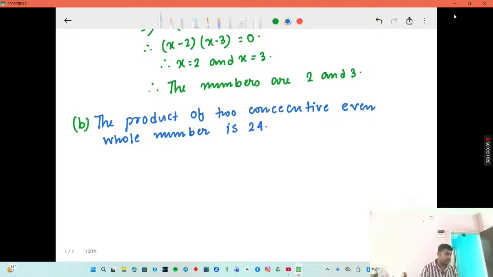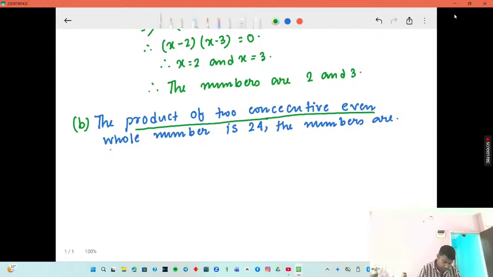The numbers are? So here the question is given as the product of two consecutive even numbers is 24. Okay, now we have to say what are these two consecutive even numbers.